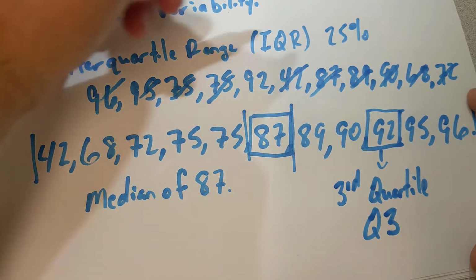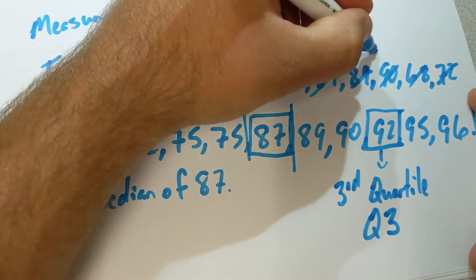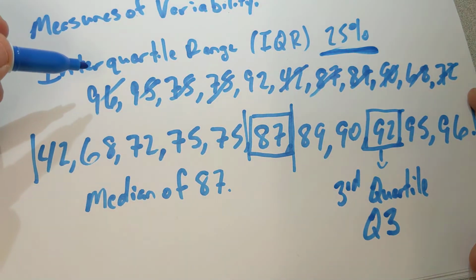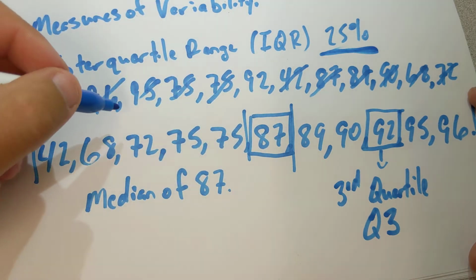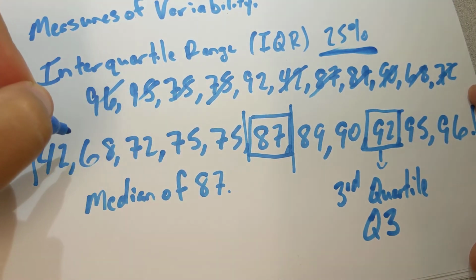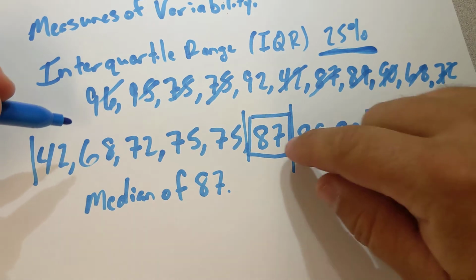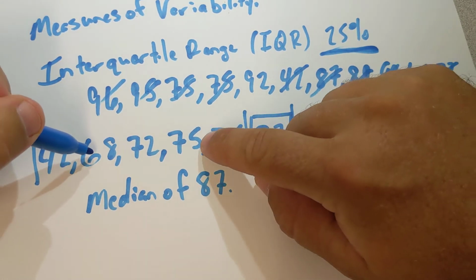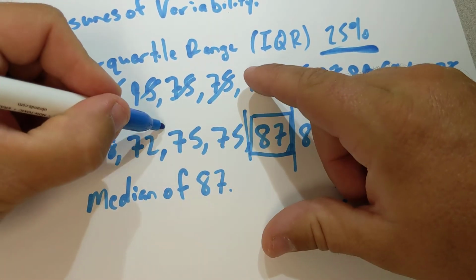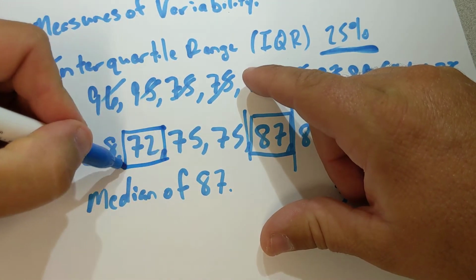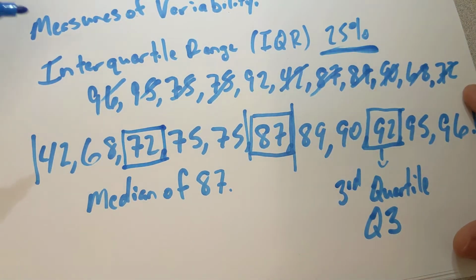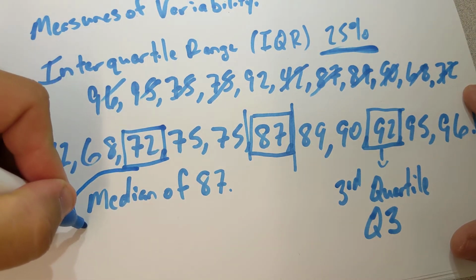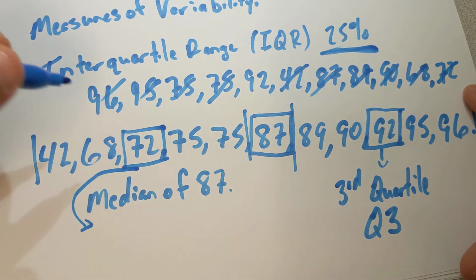Now, if you remember correctly, up here, remember I said 25%? Okay, so if we go down here to the lower quartile, and we do the same way, we're going to start at 42 and 75, 68, 75, and 72 is our, I'm going to draw a little arrow here. I wrote that median in the wrong place.